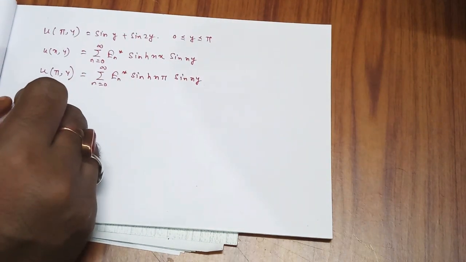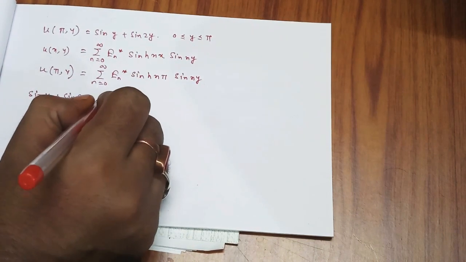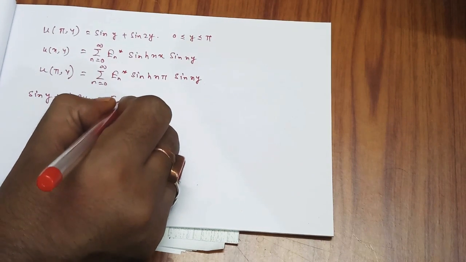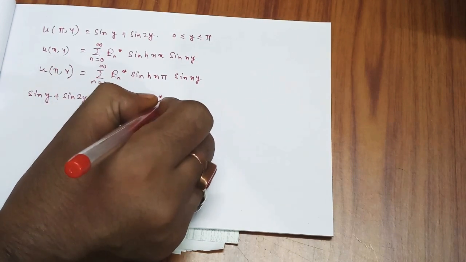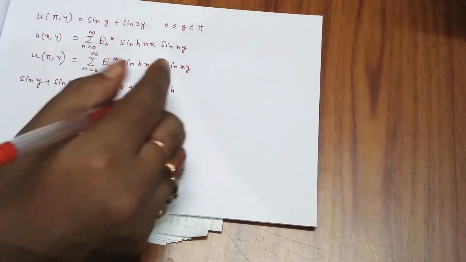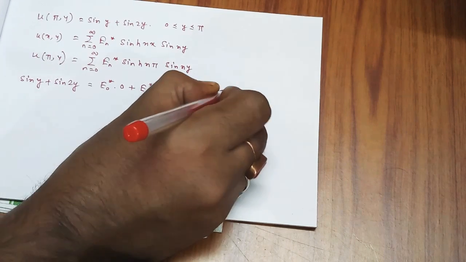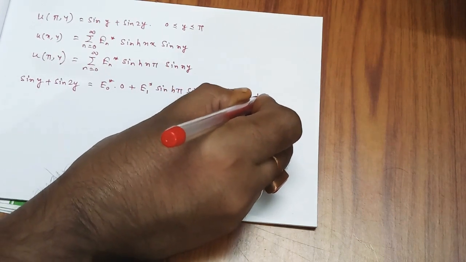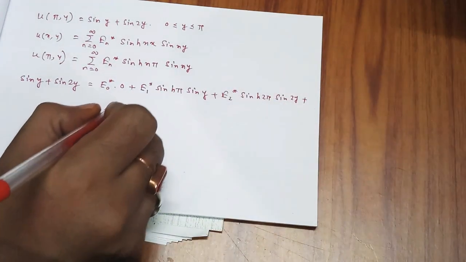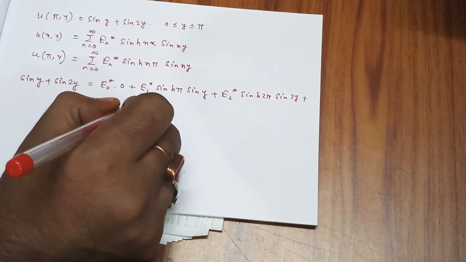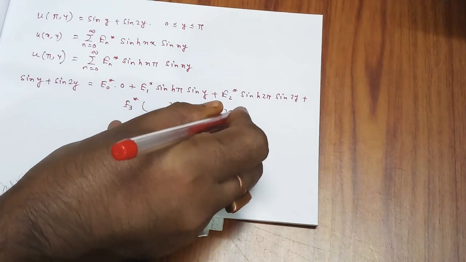Now this is sin y sin 2y, and here E_0 into 0 has no effect. E_1 star sinh(pi) sin y plus E_2 star sinh(2 pi) into sin 2y plus E_3 star into something, E_4 star into something, and so on.